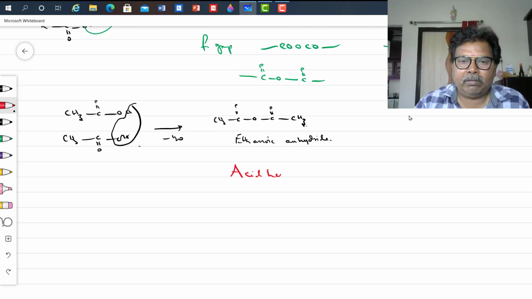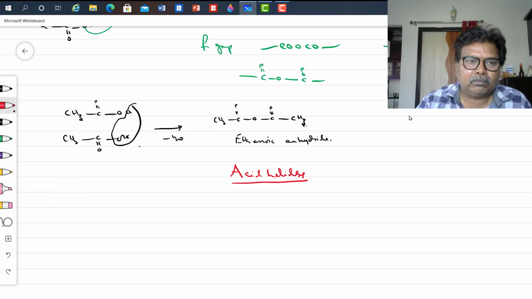Acid halides. C double bond OH. In this, the OH group is replaced by chlorine.